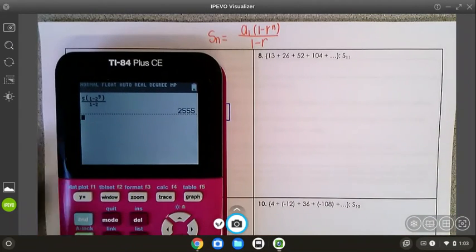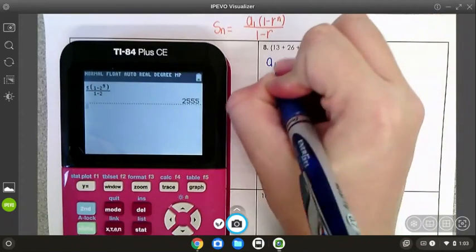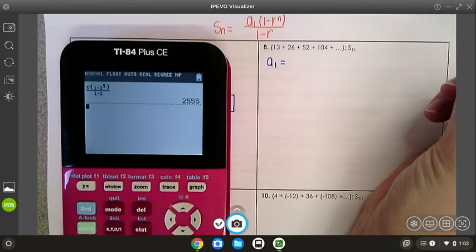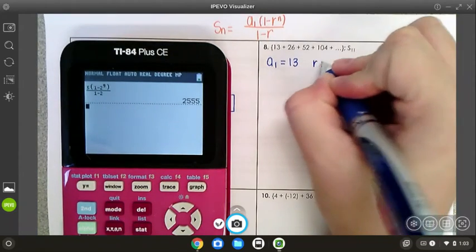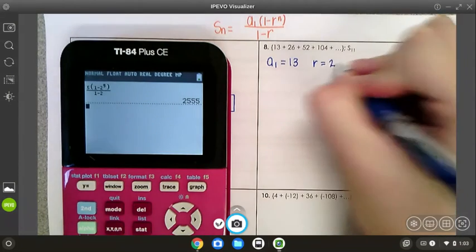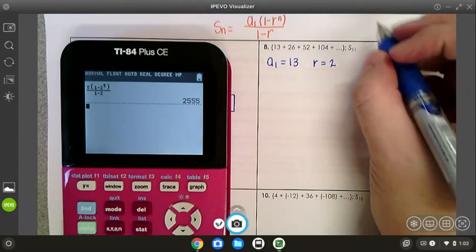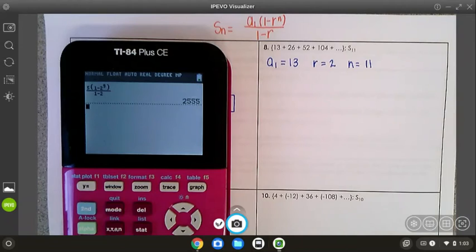Right. Number 8, write down your A1. 13. Your R, 2. And your N is 11.